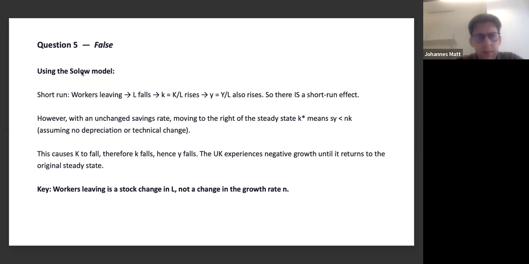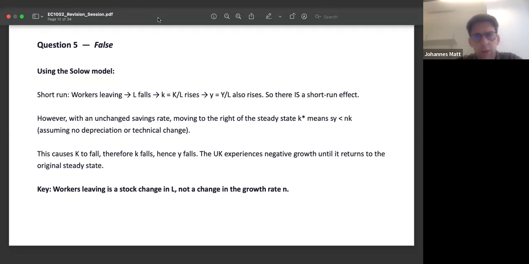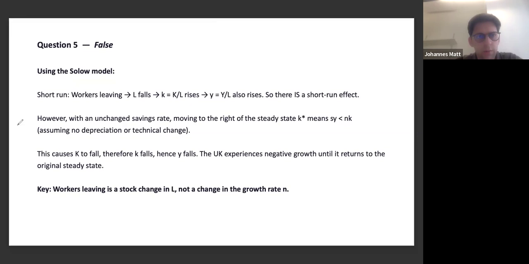So Joy was asking if we could quickly draw a graph here. I can try to sketch one, just a brief sketch of how this should look. So suppose here that we have capital per worker on the x-axis, right?